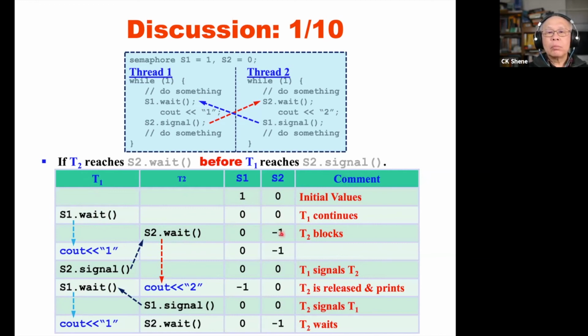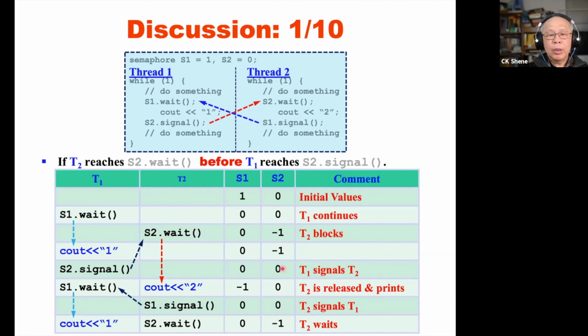Therefore, thread 2 waits. Then thread 1, because the value is 0, can go and print the 1. Now this means thread 2 reaches S2 dot wait before thread 1 can signal. So in this case, thread 1 signals S2, returning the value of -1 of S2 to 0.